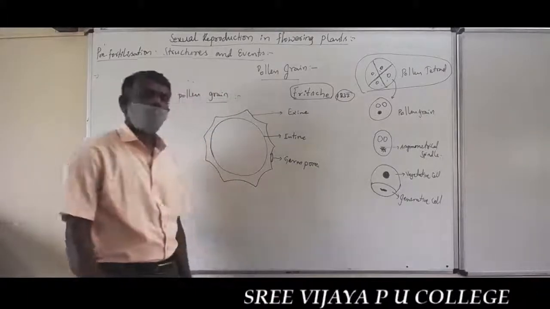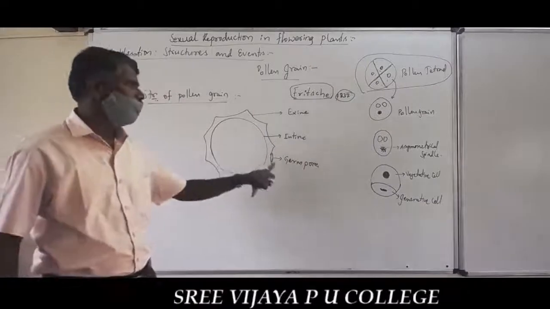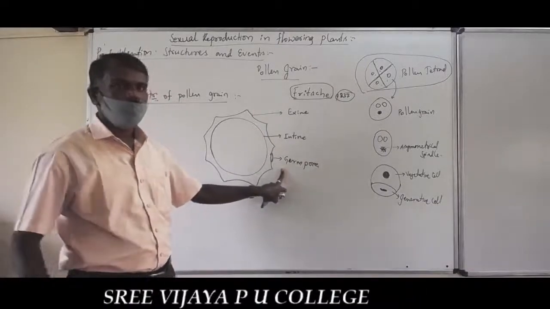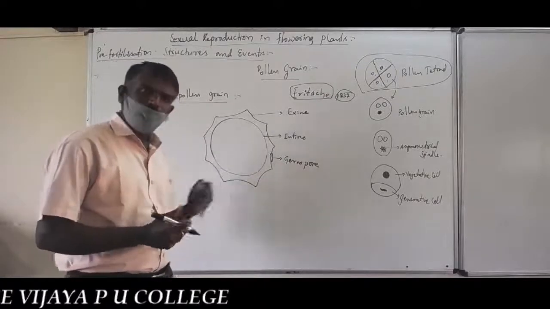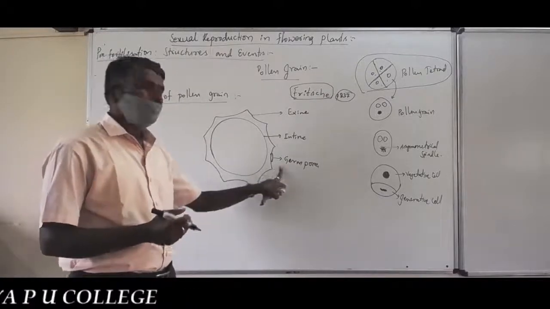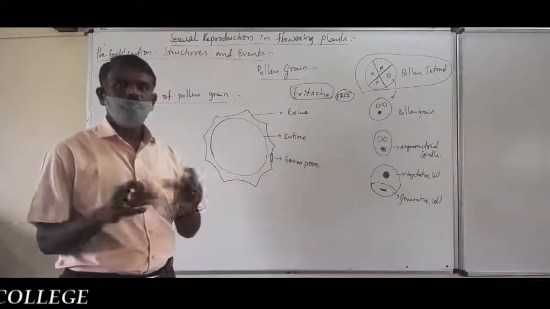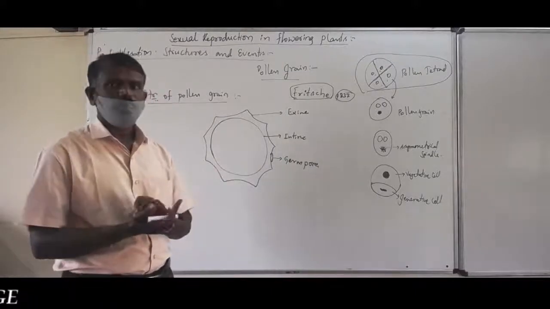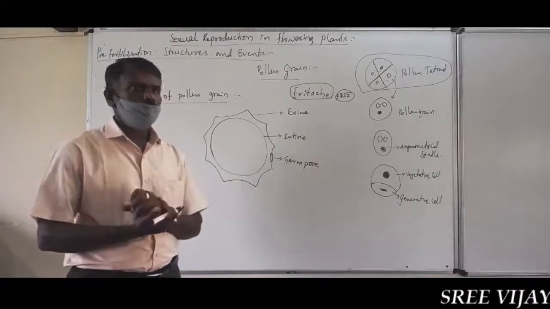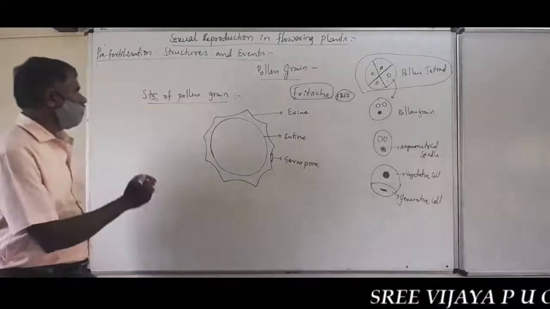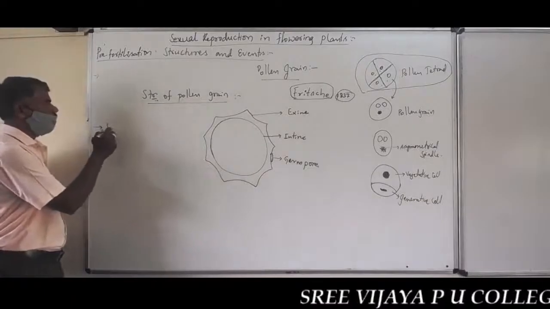Due to the presence of germ pores on the pollen wall, the exine is a discontinuous layer. Structurally, the exine is made up of sporopollenin.